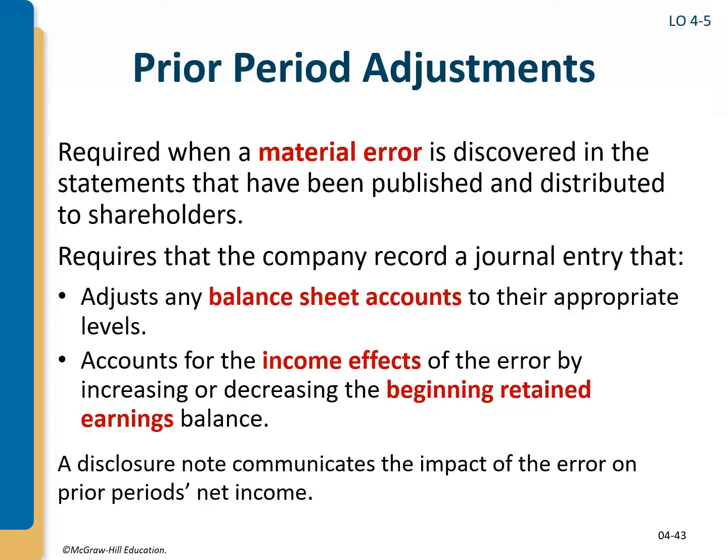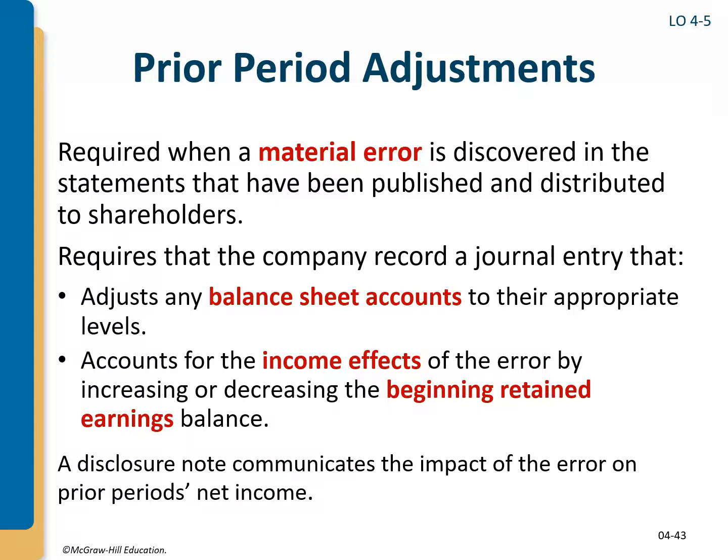If the other part of the journal entry was on an income statement account, those are reset to zero. You can't just go changing the balance. What we do is we adjust the beginning balance of retained earnings. We fix that as of the beginning of the year.